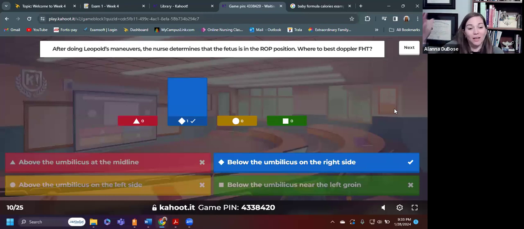But wherever the fetal back is, which is in line with the occiput and spine, is where we're going to best hear the heart rate. If the baby is vertex, head down, we would hear the heart tones below the umbilicus. If we can only get them above the belly button, then we're concerned, suspecting that the baby might be breech.